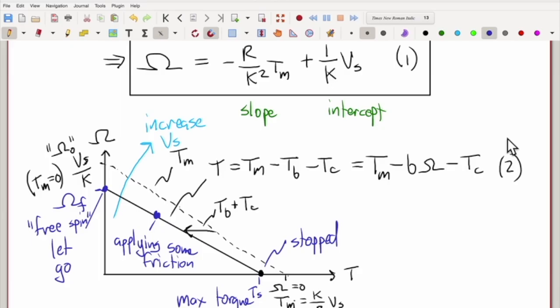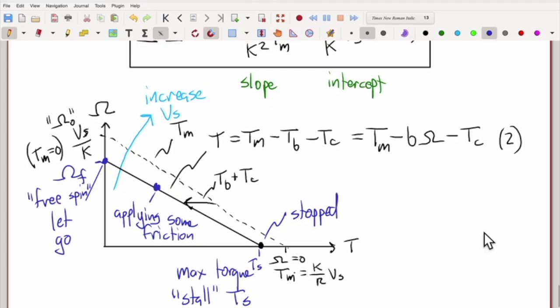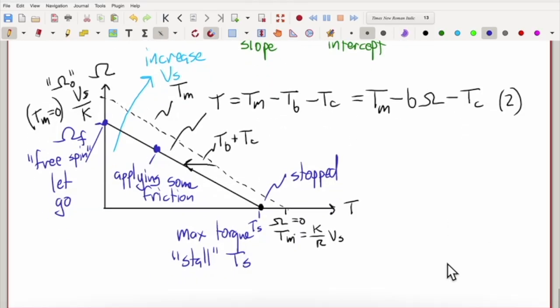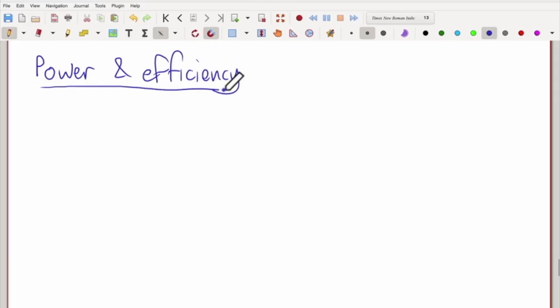But what I want to talk about first, before we identify the motor if we don't have the data sheet, is some other aspects of this torque speed curve, one of which is the power and efficiency you can get out of a motor. So the first subject is power output.